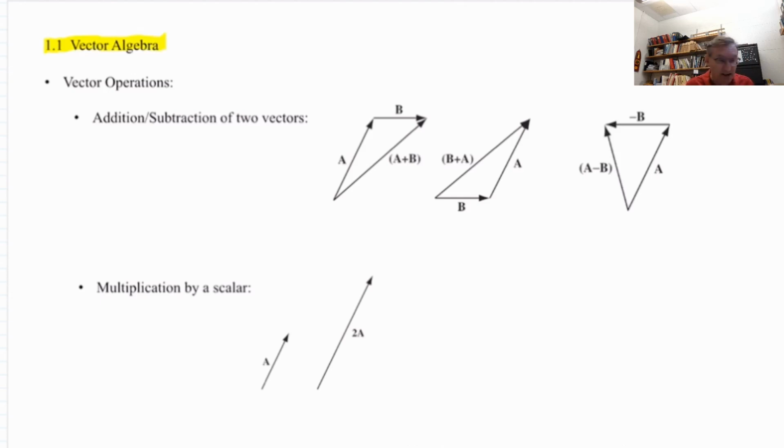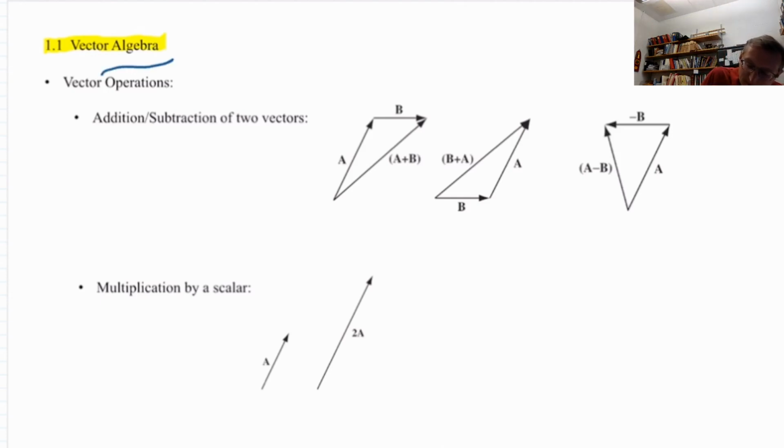Let's start with the basics. Of course, when we say vector, we can have, for now, our Physics 110 introductory physics understanding of what a vector quantity is. Right?